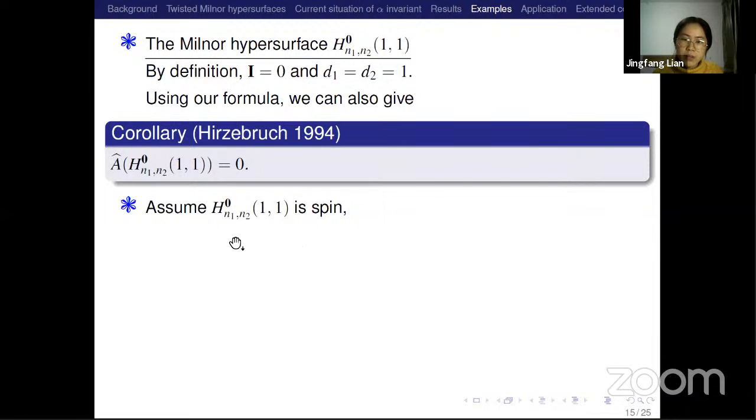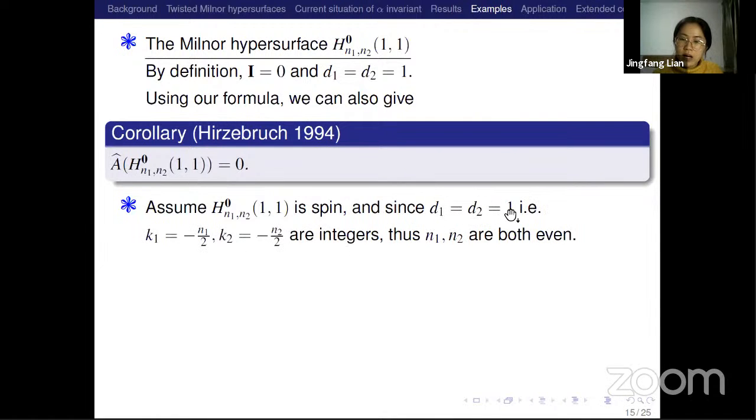What needs attention is that D1 and D2 are 1, which means K1 and K2 are minus half of N1 and minus half of N2, which need to be integers, so N1 and N2 are both even. Therefore, the alpha invariant is just the multiple of 2 binomial coefficients and all 0, since if the upper number of a binomial coefficient is an integer less than the lower number, then it's 0.